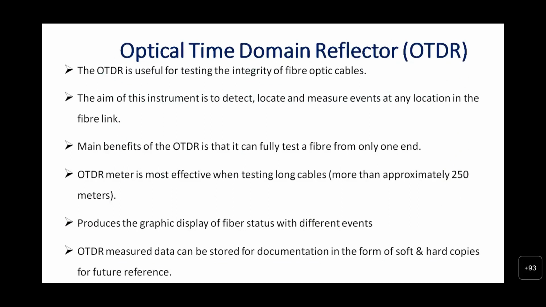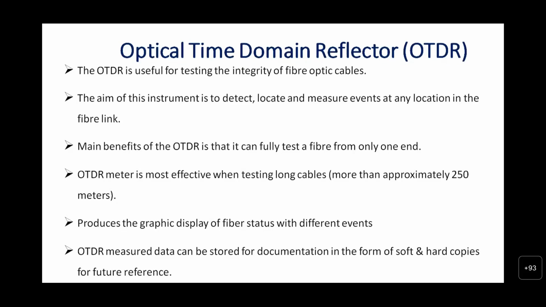The aim of this instrument is to detect, locate, and measure events at any location in the fiber links. The main benefit of the OTDR is that it can fully test a fiber from one end. OTDR is most effective when testing long cable, more than approximately 250 meters.